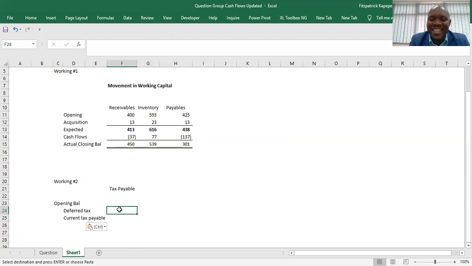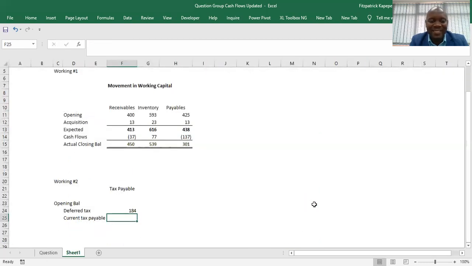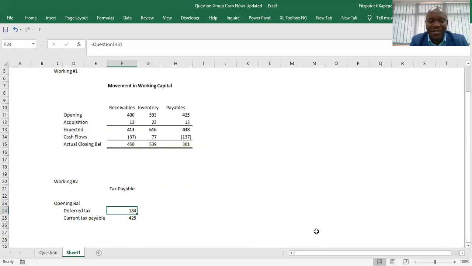So we go to deferred tax and pick for 2017. That is what we're going to pick here. Current tax. We'll go to current tax and pick that one. So we have picked 2017 numbers.